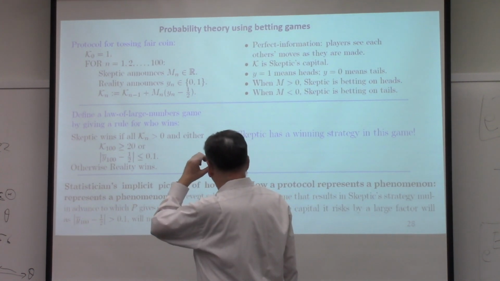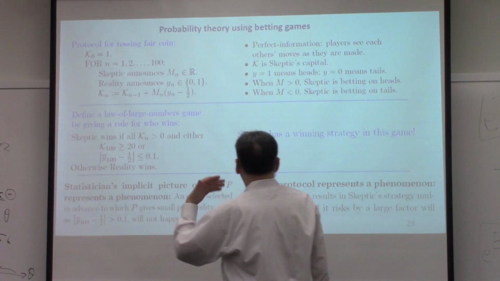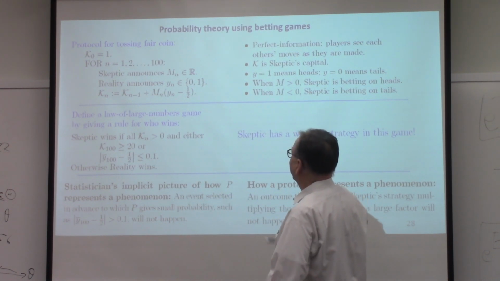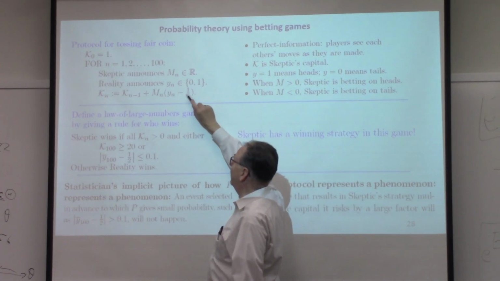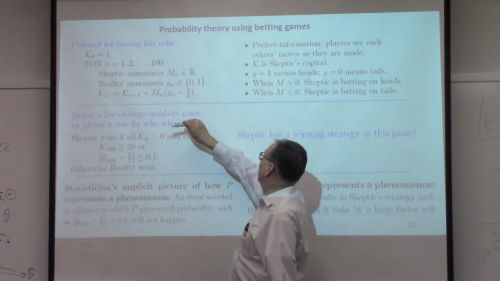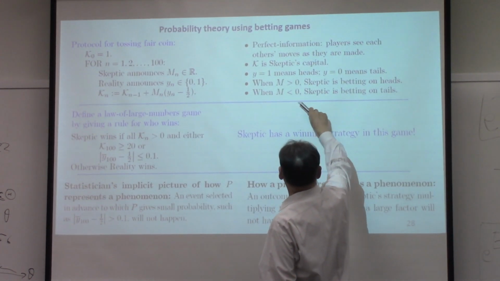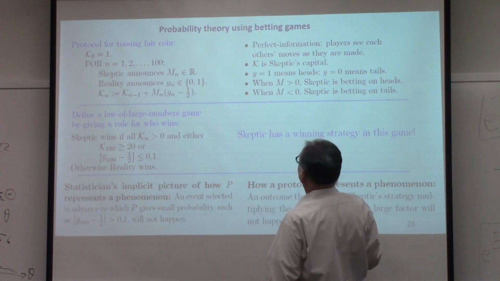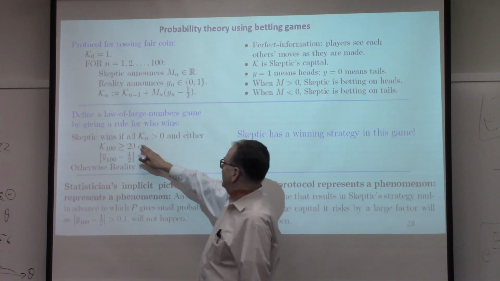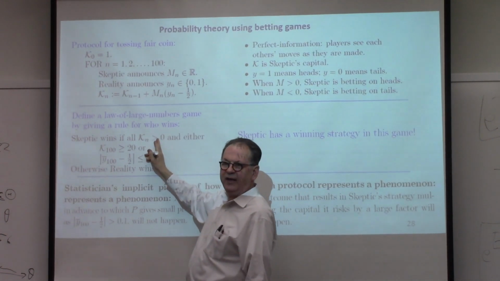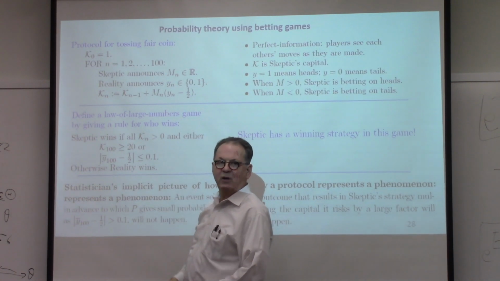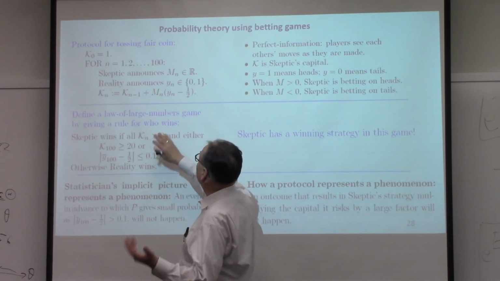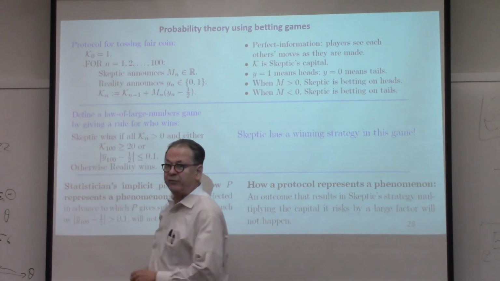So if skeptic is trying to test this probability of 1/2, he needs to keep his capital positive, not negative, because he wants to risk only the 1 he started with.